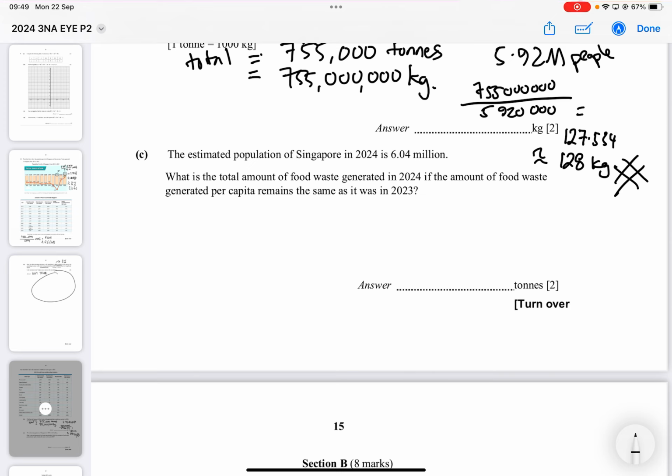Okay? Then again, this one is your answer, that's why three significant figure. When we are doing our calculation, we don't use 128, we use 127.534. Then it will give you a more accurate answer. So 6.04 million multiply 127.534 kg.